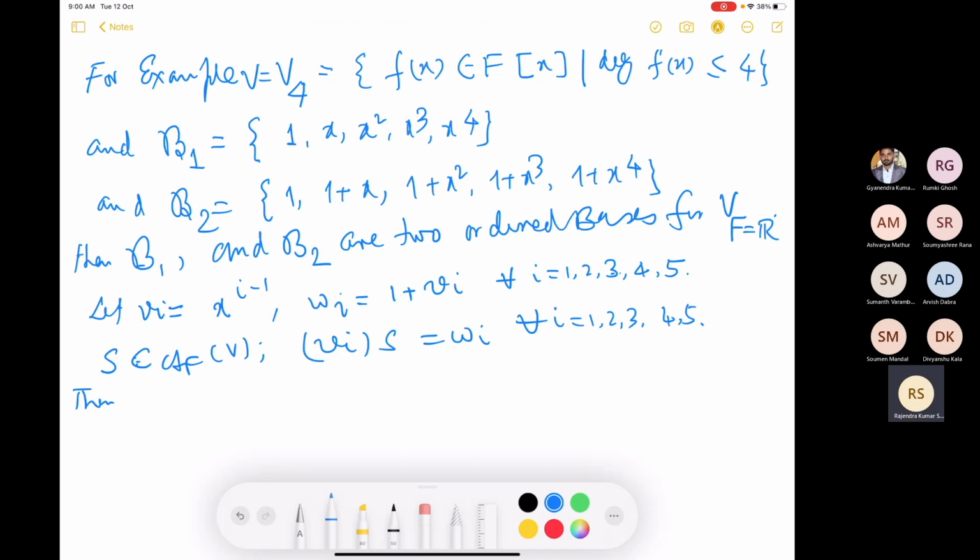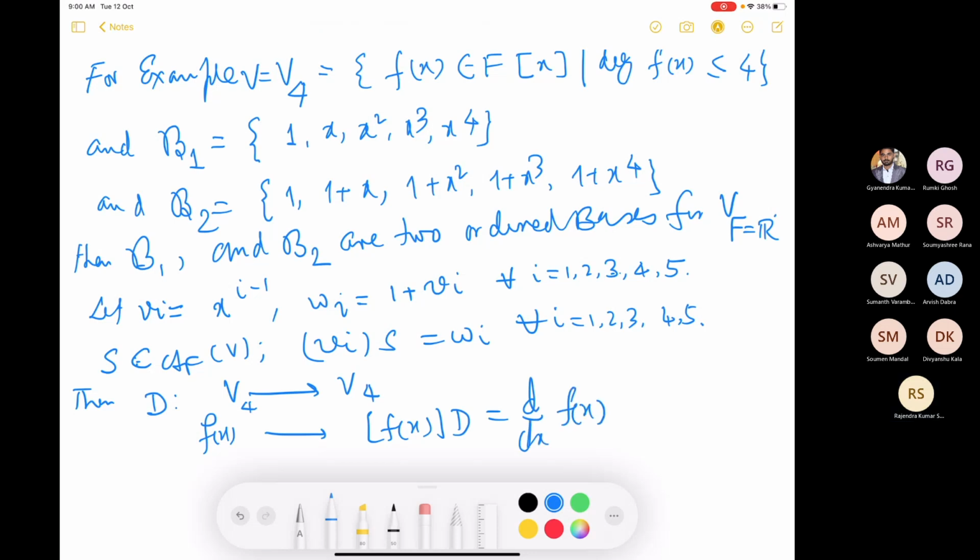Then D is the linear transformation from V4 to V4, f(x) being sent to the derivative of f(x) under D. Good.